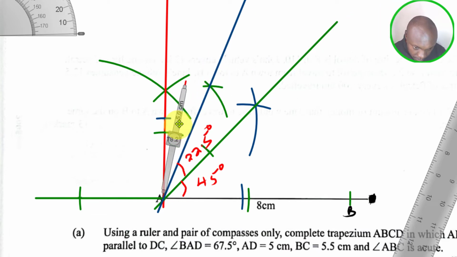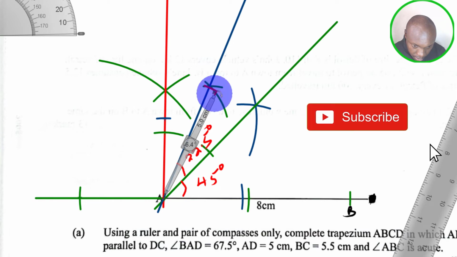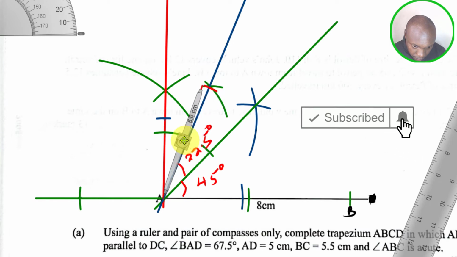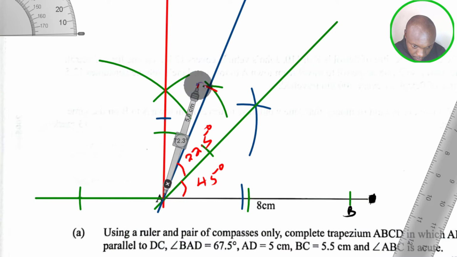So I stand here at A, and then I can mark this point that is here. Extend this a little bit.